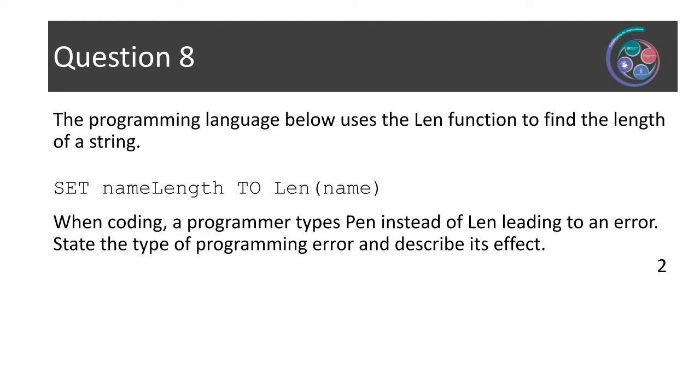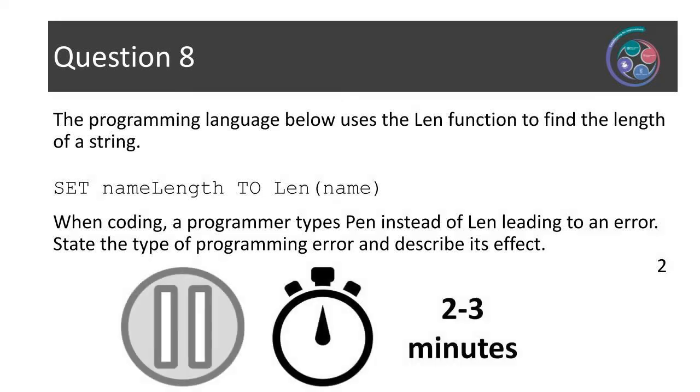So we will do that by just writing the type of error and then a brief description as to what would happen. Being a 2-mark question, I would allow yourself 2 to 3 minutes to identify, state, and then describe your answer. Pause the video now and give it a go.